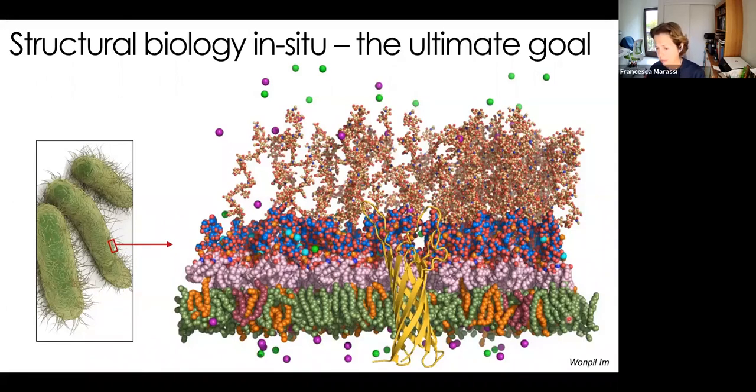This is a really nice MD simulation produced by Won-Pil Lim, who's done a lot of work parametrizing bacterial outer membranes. They're highly asymmetric with an inner leaflet of phospholipids and an outer leaflet of lipopolysaccharides.